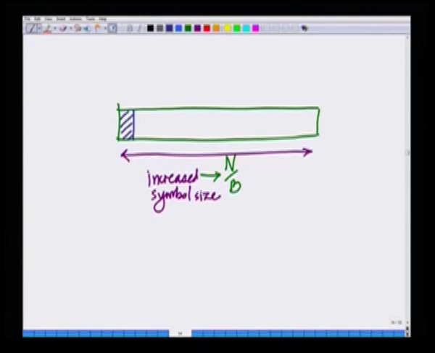So, the initial samples in this OFDM symbol are being subject to intersymbol interference.